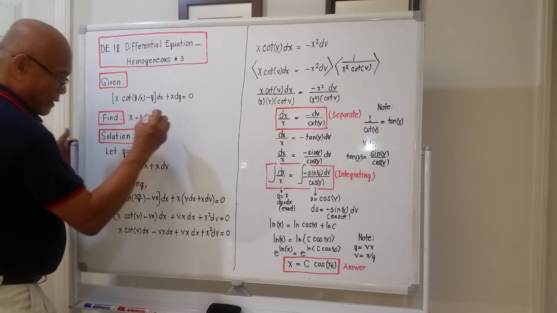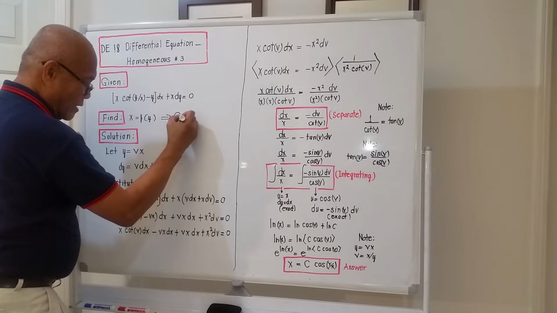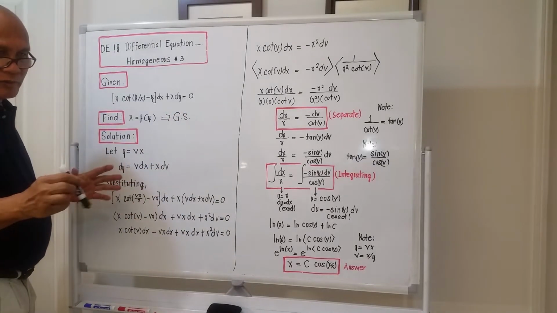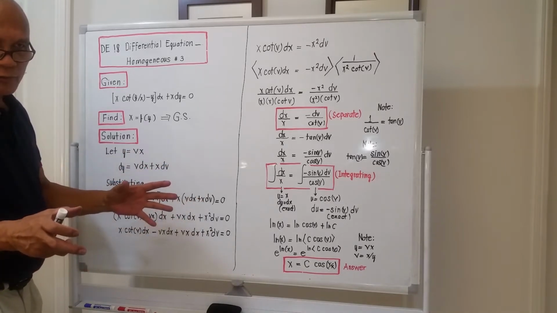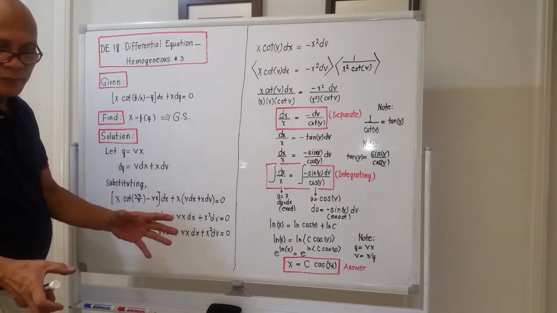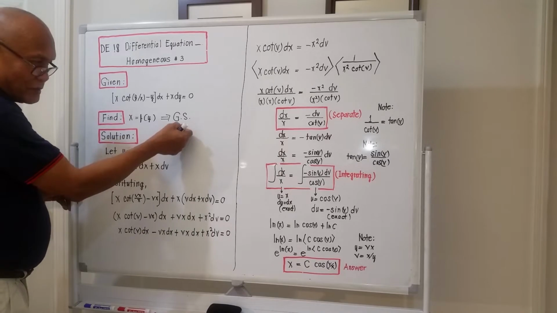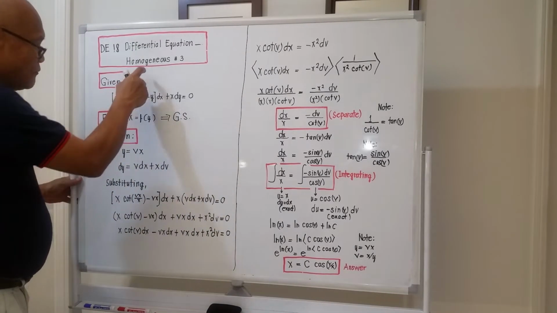So it could be the general solution supposed to be. General solution because we are not given an initial condition, so we do not have a chance to compute for the so-called constant of integration. So the problem is asking for x as a function of y, general solution. The topic is homogeneous differential equation.